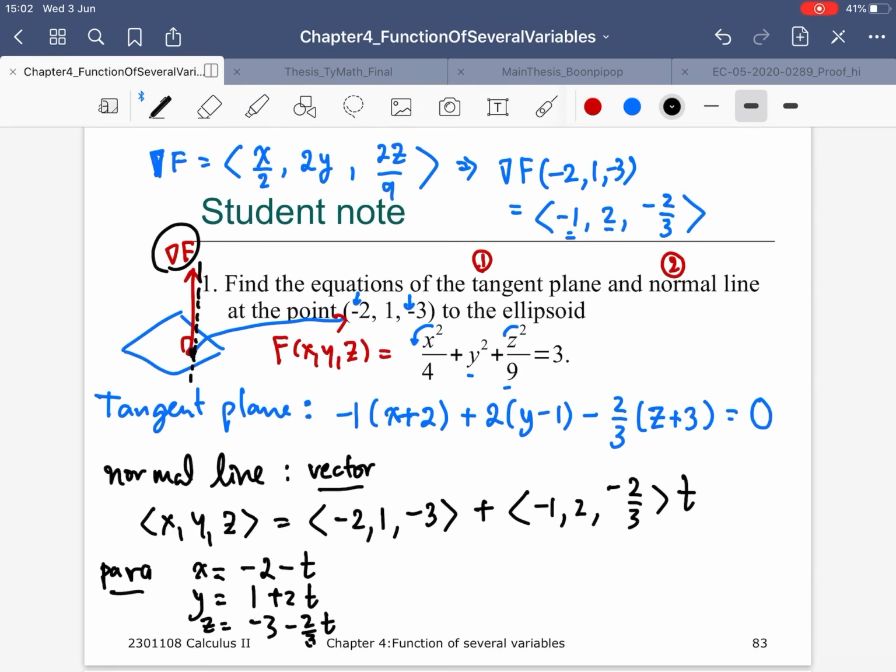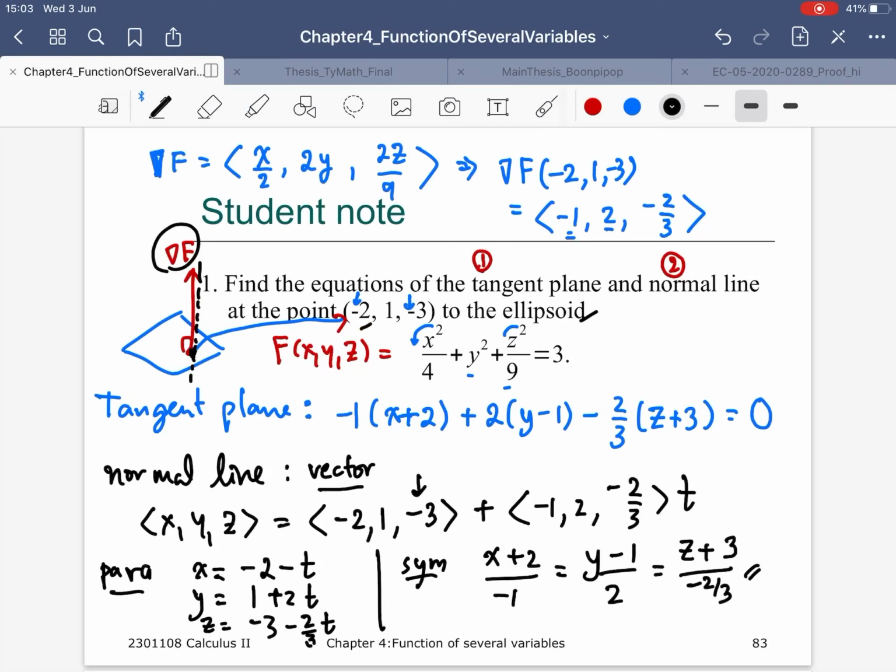Then if you want a symmetric equation, you have x minus the point, so x plus 2 over -1, y minus 1 over 2, and z minus the point, so z plus 3 over -2 over 3. So that will be your equation of the normal line to this ellipsoid at this particular point, -2, 1, -3.